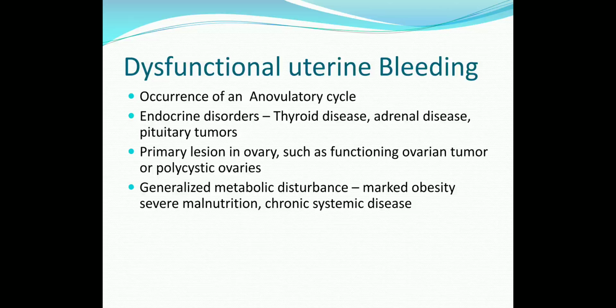The patient may have polycystic ovarian disease, where the patient will be having bleeding. Another thing is generalized systemic and metabolic disturbances like marked obesity, severe malnutrition, chronic systemic diseases, all of which can lead to uterine bleeding. So dysfunctional uterine bleeding doesn't mean that the uterus has some disorder. It can be due to some other lesion which causes the uterus to bleed.